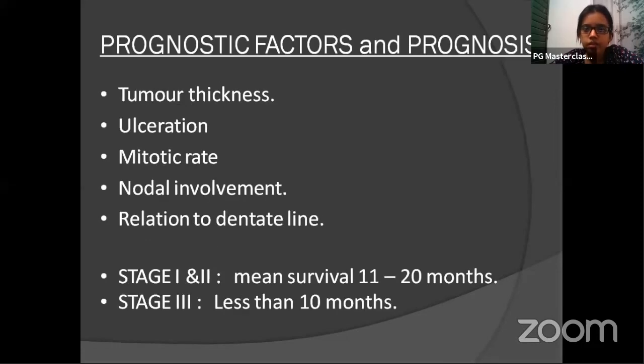Prognostic factors include tumor thickness, ulceration, mitotic rate, nodal involvement, and relation to the dentate line. In stage 1 and 2, the mean survival is 11 to 20 months, whereas in stage 3 it is less than 10 months.